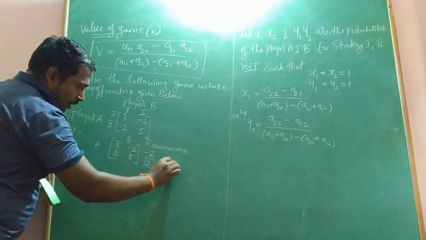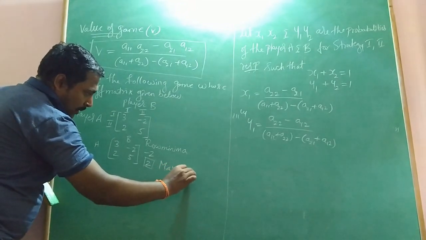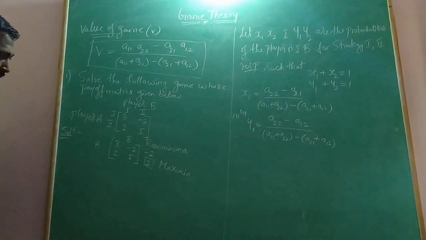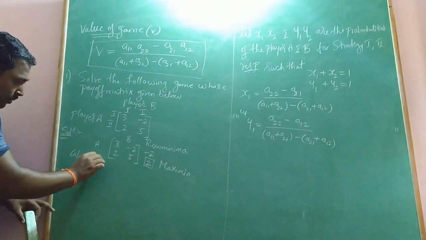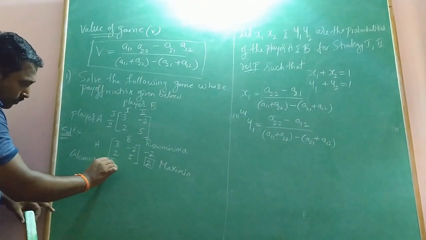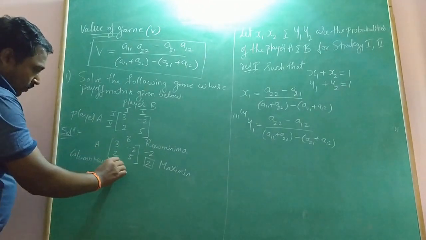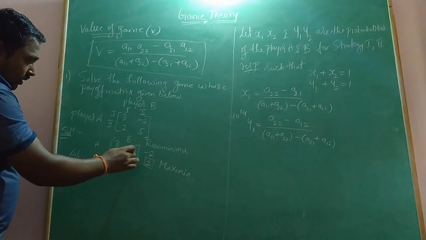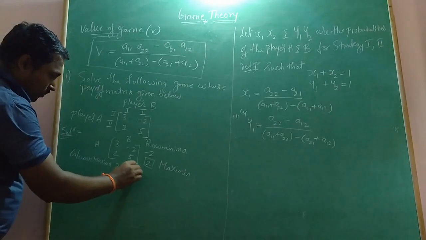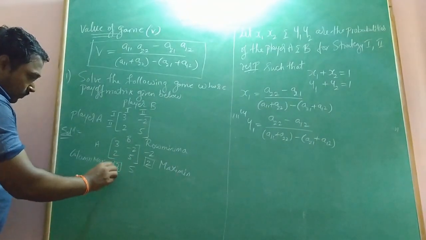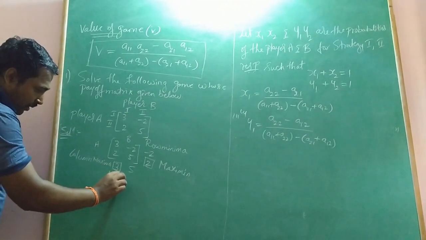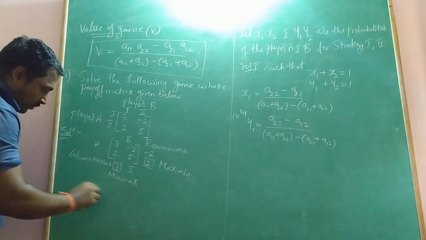Here you will write maximin. Then similarly you will write column maxima. Out of 3, 2 the maximum is 3. Out of minus 2, 5 the maximum is 5. Out of these maxima, the minimum is 3. Here you write minimax.